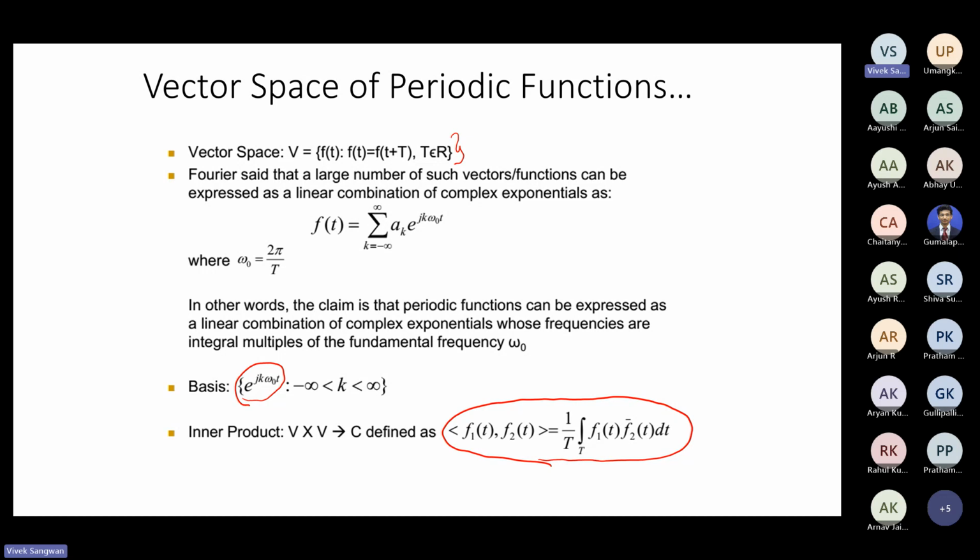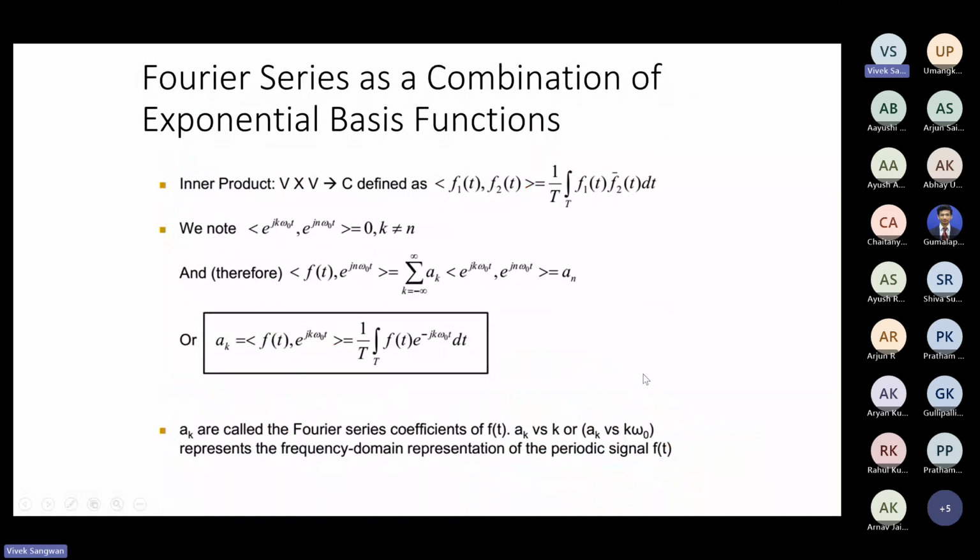So these are all functions with period T. If you extend the idea of basis from your familiar three-dimensional or two-dimensional Cartesian space, the component of each function along its basis can be evaluated by taking the inner product of that function with a specific basis function. So the coefficients are essentially the components of those T-periodic functions along these basis functions, which are these complex exponentials. This is how Fourier series came out.